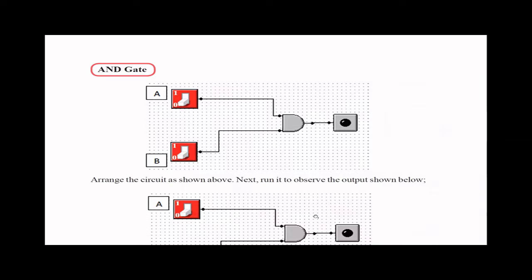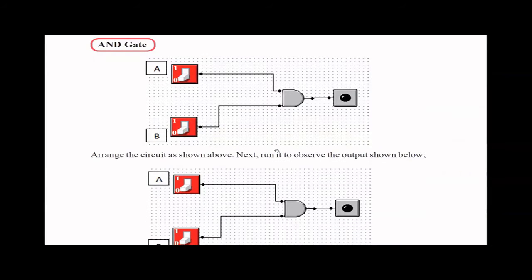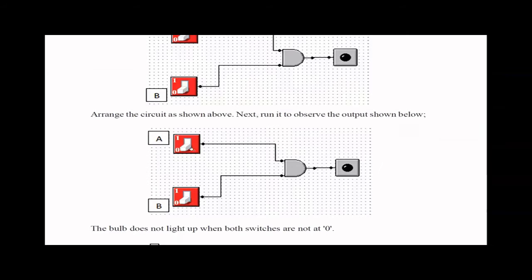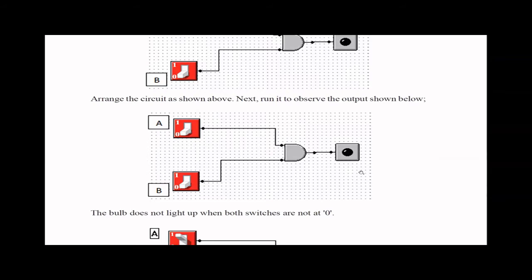Then comes the AND gate, right? So in the AND gate, we have two inputs, right? So A and B, and this is how it will look like. And hope you know, in the AND gate, only if both inputs are 1, the output is 1. So in this case, both inputs are 0, so we cannot see any light here.